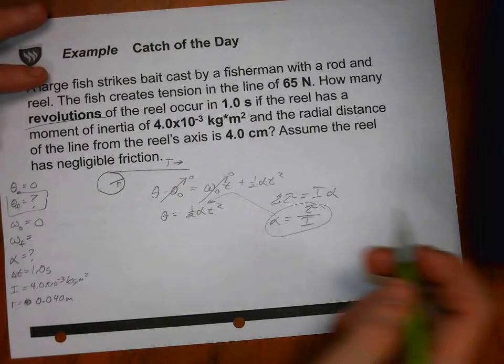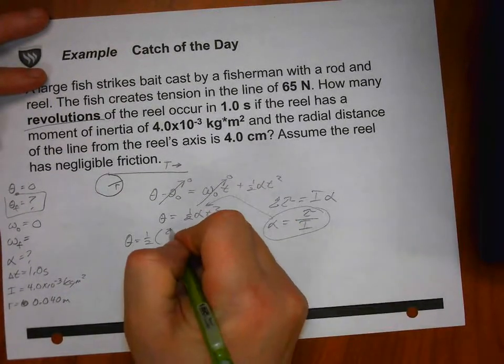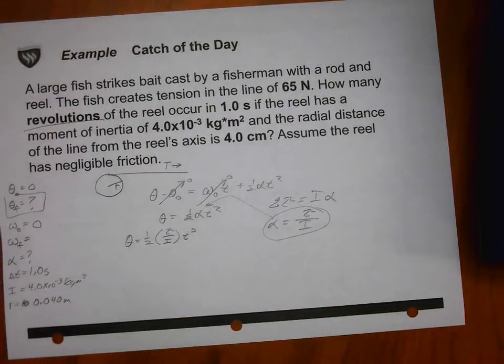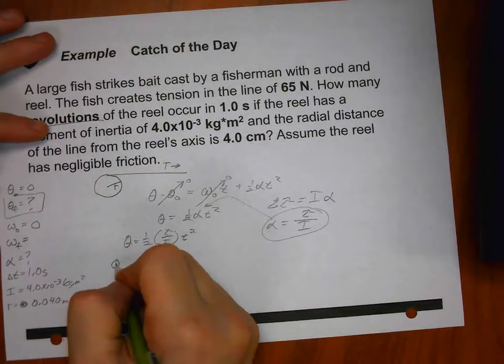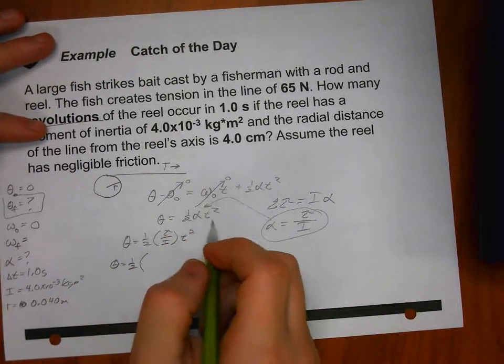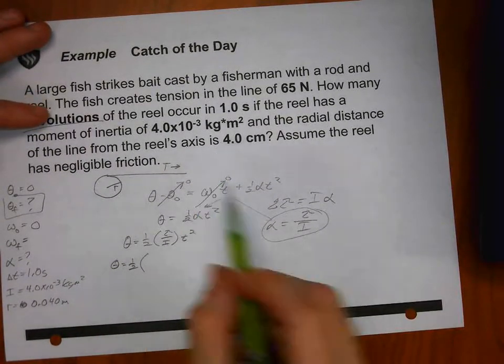So now we have everything we need. We have theta equals 1/2 tau over I t squared. No, we don't. We have to find torque now.